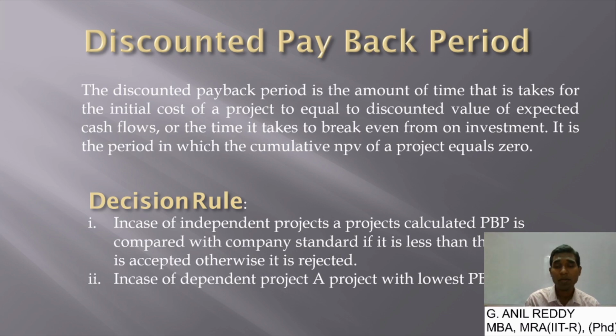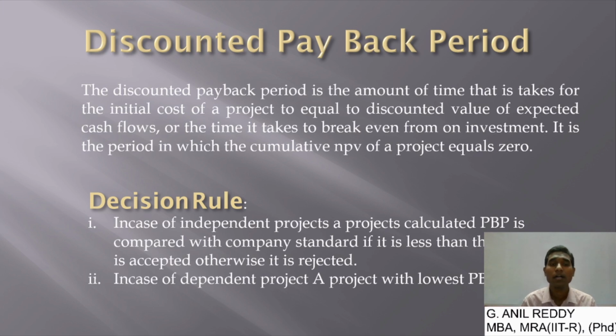So always the payback period is expressed in years, and the payback period definition is the number of years required to recover the initial investment. So as a rational investor, everybody wants to recover their initial investments as soon as possible. So if the calculated PBP is less than the company standard, then it is accepted, otherwise it is rejected.